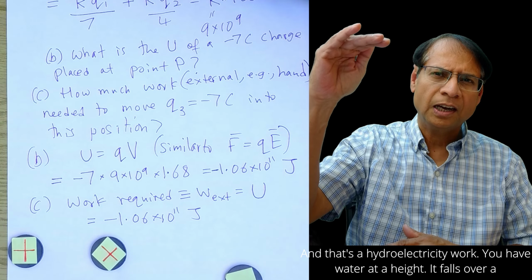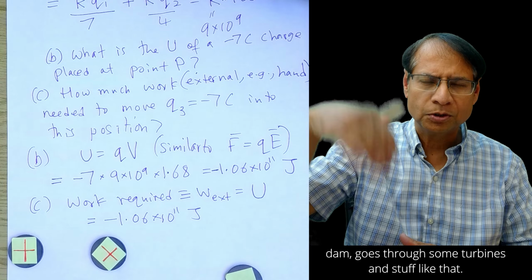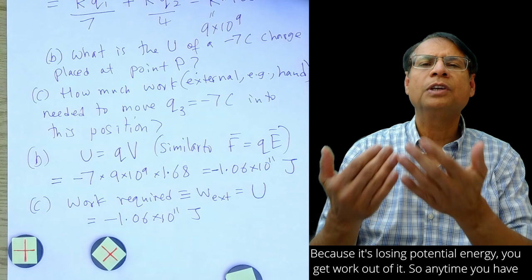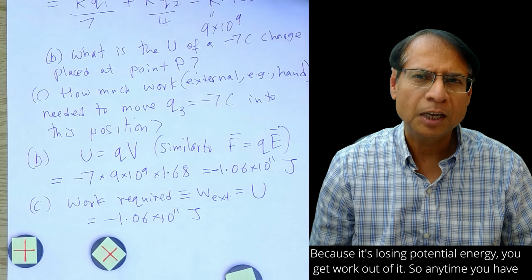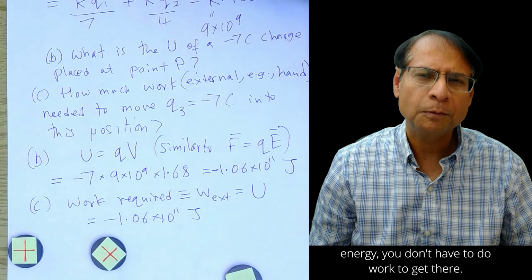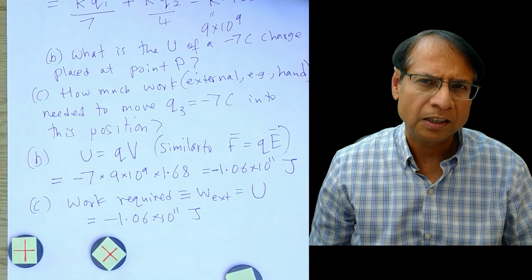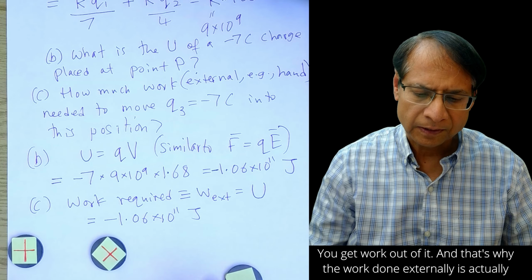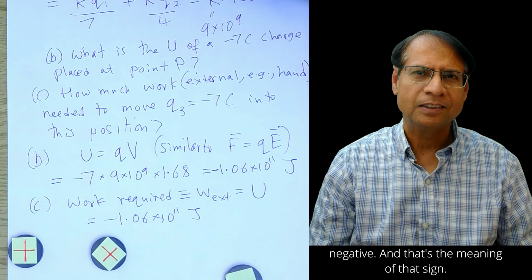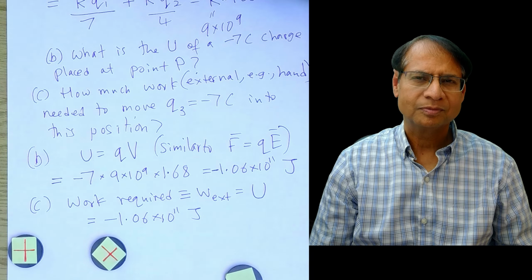You have water at a height, it falls over a dam, goes through some turbines. Because it's losing potential energy, you get work out of it. So anytime you have a situation with negative potential energy, you don't have to do work to get there. You get work out of it. And that's why the work done externally is actually negative. And that's the meaning of that sign.